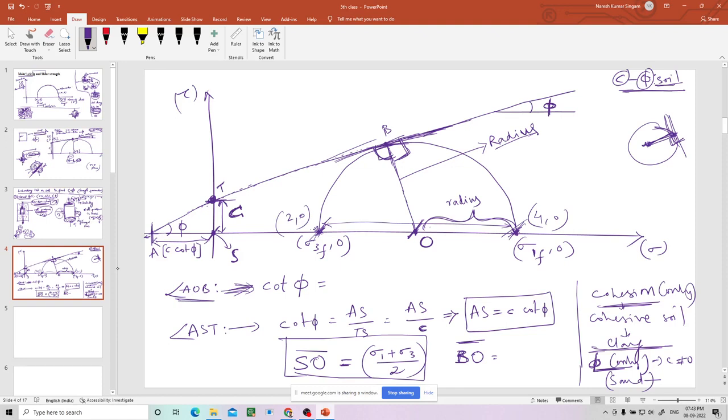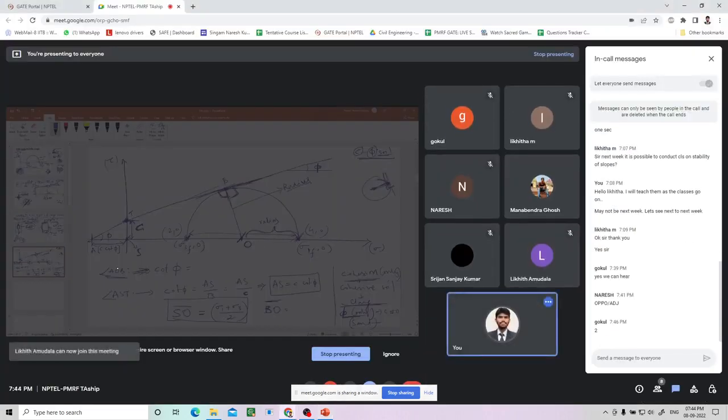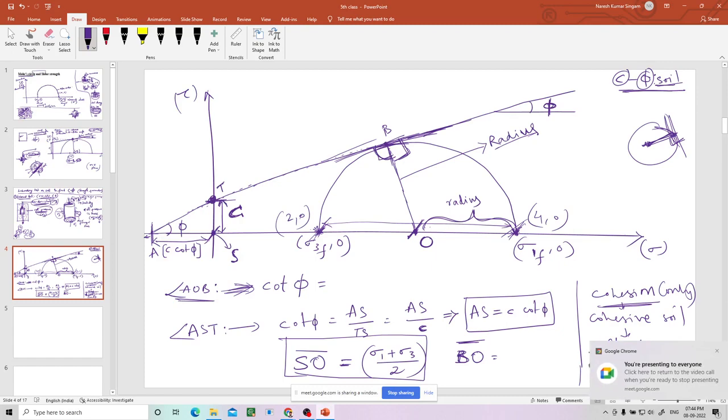No one? This is 4, 0 and this is 2, 0. Then what is the distance between these 2 points? I expect at least one of you to reply.